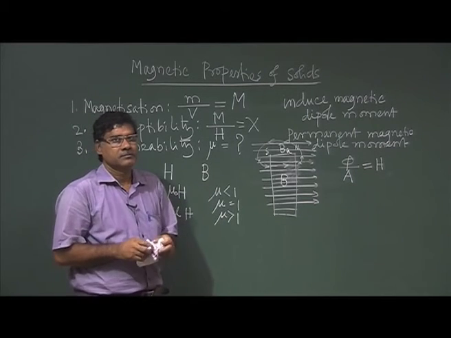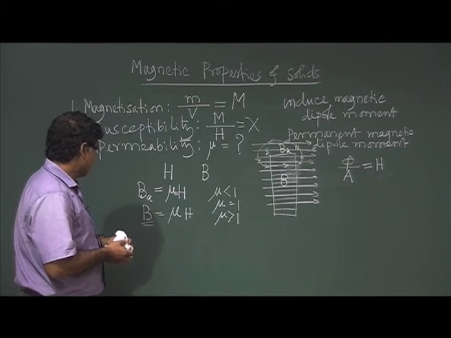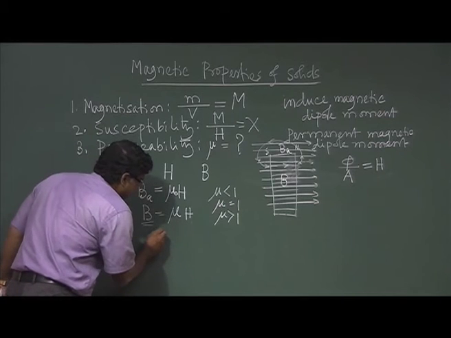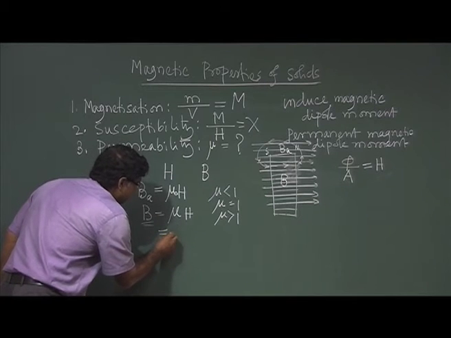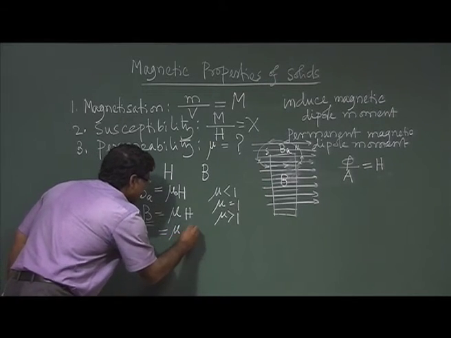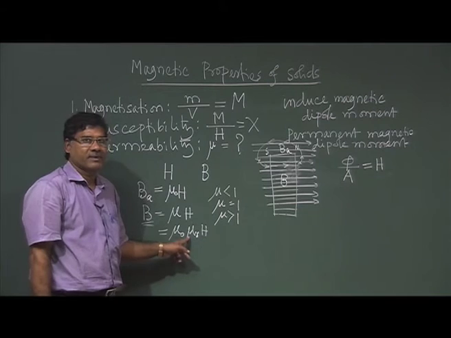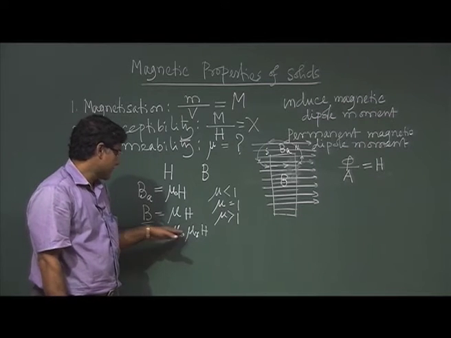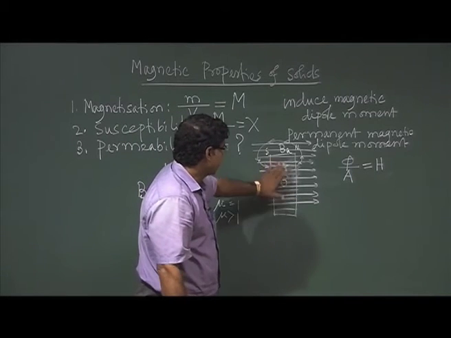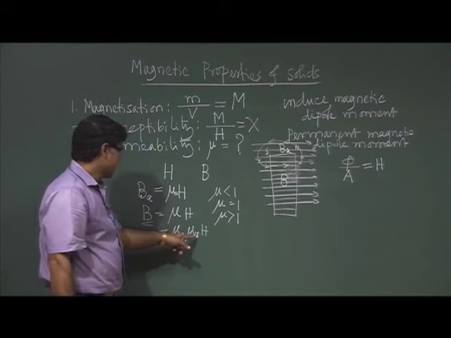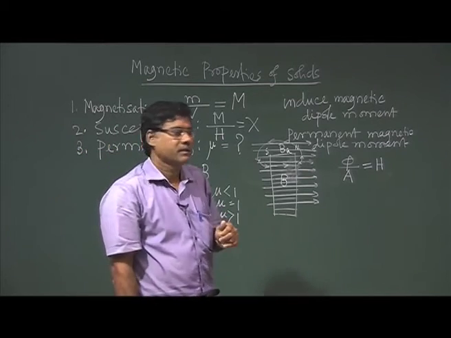So this mu is the permeability, and that is written with respect to air's permeability. So it is written mu 0 into mu r H. So mu r is called the relative permeability. So with respect to the air, what is the value of the permeability of this material? Okay. So mu r is the relative one, and mu 0 is the absolute permeability of the air. Okay.